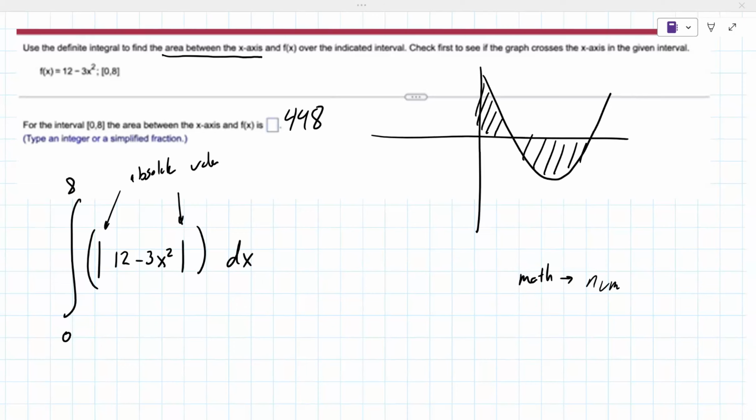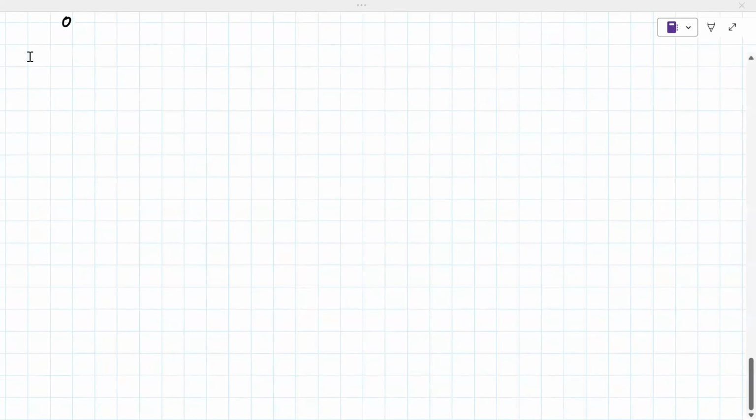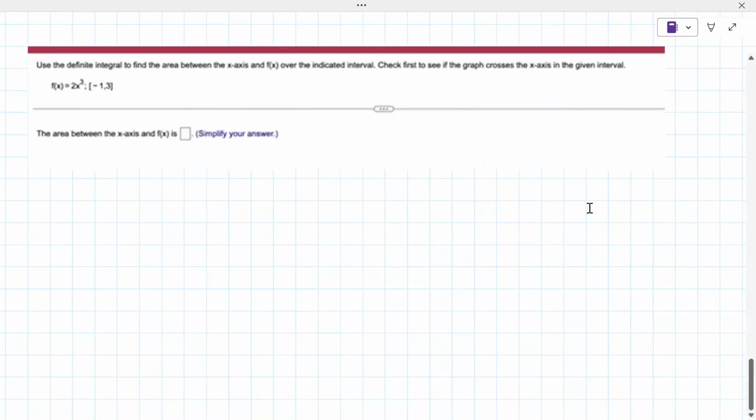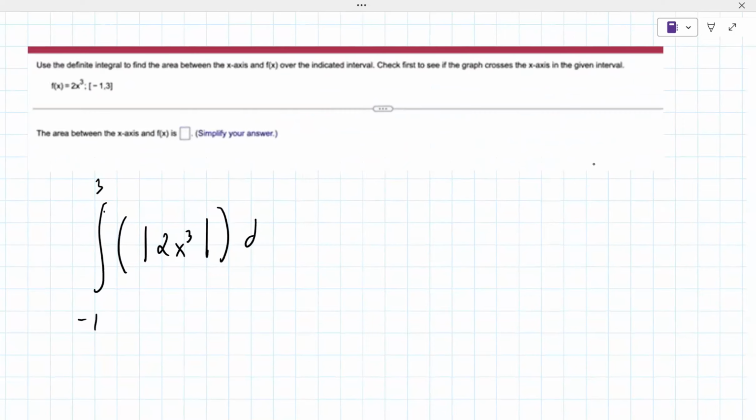So this is the same type of problem coming up here. It's the integral from -1 to 3 of the absolute value of 2x cubed dx.